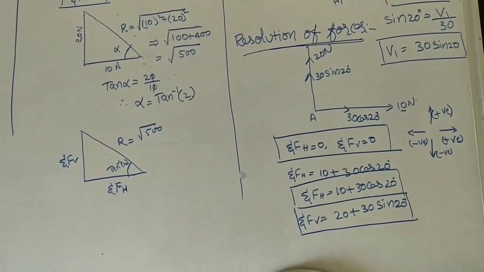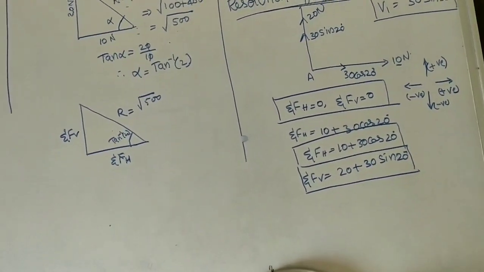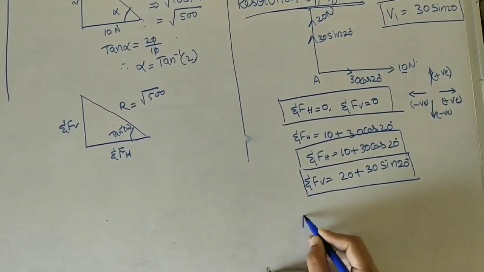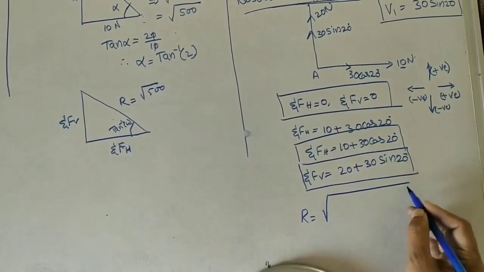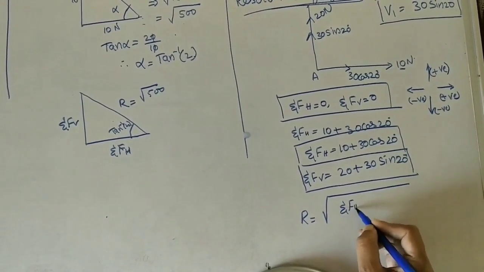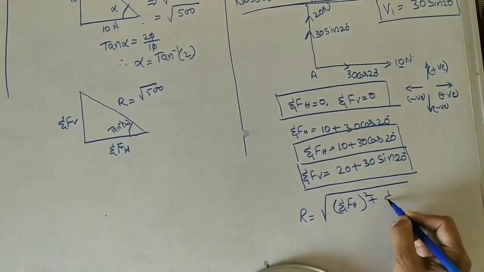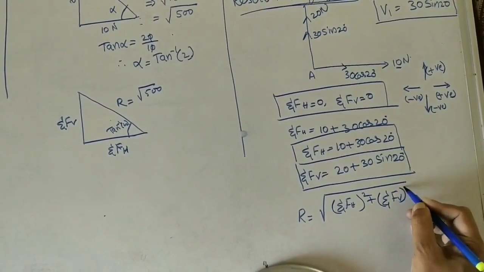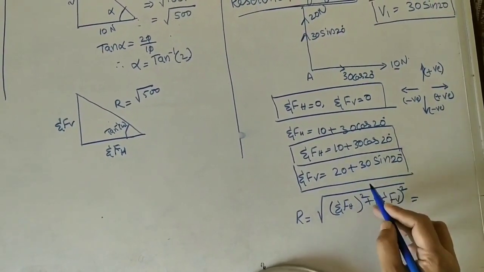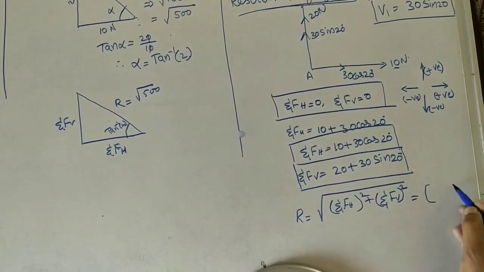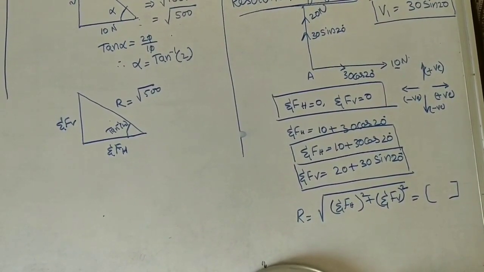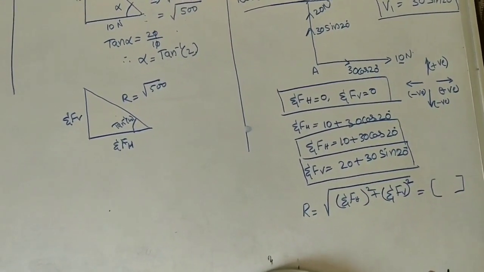By using these two values, sigma Fh and sigma Fv, how to find the resultant? Already we know the formula: root of sigma Fh whole square plus sigma Fv whole square. Substitute these two values, we will get some value as the resultant force. Now at what angle it is making?